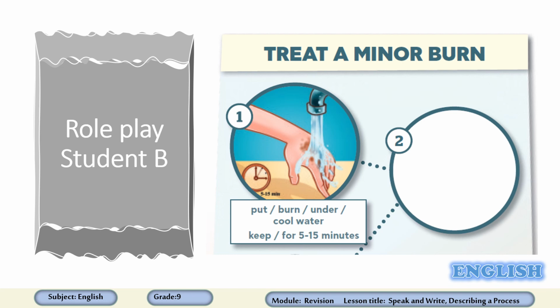Student B, now he should ask Student A, what comes next? What is the next step? Then, for example, Student A should answer, next you need to wash the burn with soap.